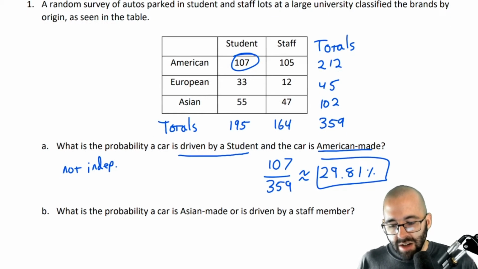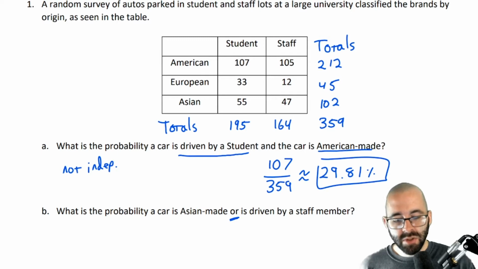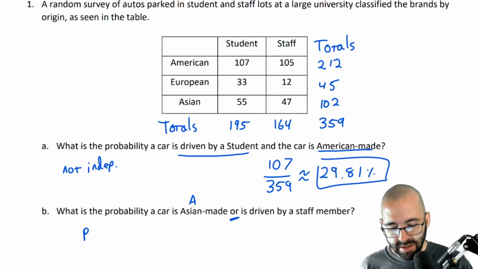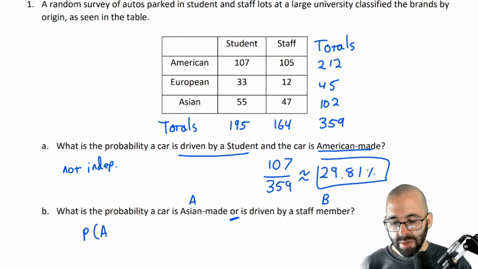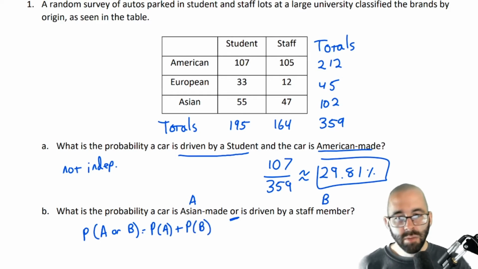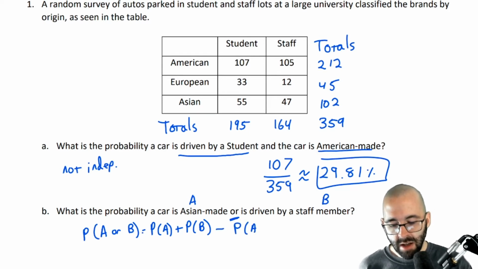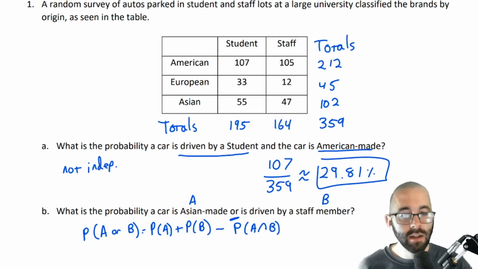All right. What's the probability a car is Asian made or is driven by a staff member? Are these mutually exclusive? Let's call this A and this B. If they're mutually exclusive, then the probability of A or B is the probability of A plus the probability of B. But if they're not, we have to subtract the probability of A and B. You can use the word and instead of this intersection sign.